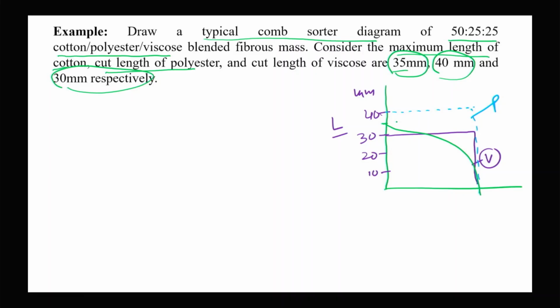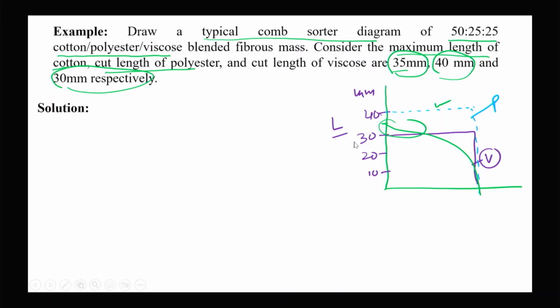Now we have to mix it. That means the polyester length is higher than the maximum length of cotton and the cut length of viscose, which means it will be taken at the left part. And like the earlier numerical, the cotton will be distributed with the viscose fiber.